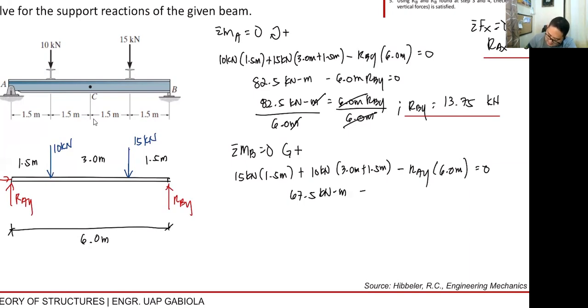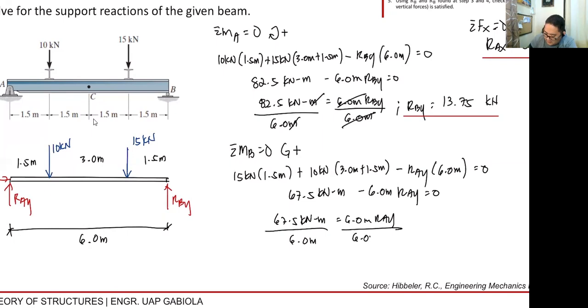Okay? Minus 6.0 meter RAY equals to 0. So let's transpose this again to the other side. So 67.5 kilonewton meter equals to 6.0 meter RAY. So let's divide again by 6.0 meter. We have a value of RAY, the meter cancels, equals to 67.5 divided by 6, that is 11.25 kilonewton. Okay? So this is our initial value for RAY.